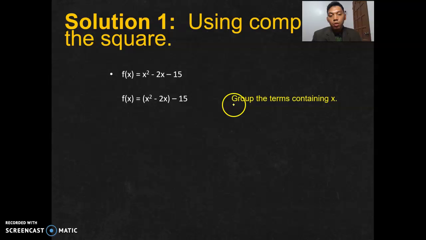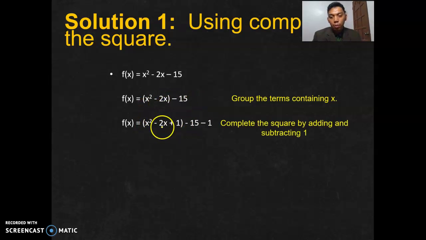So for that, we have to group the terms containing the x variables. So there, we group it out. And then if there's an a here, you need to factor it out. Actually there's an a, but it's 1. So if you factor 1, it's still 1. So to complete the square, we need to add and subtract the half of negative 2 and square it.